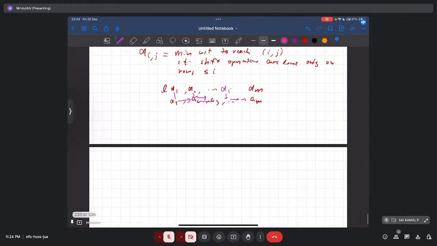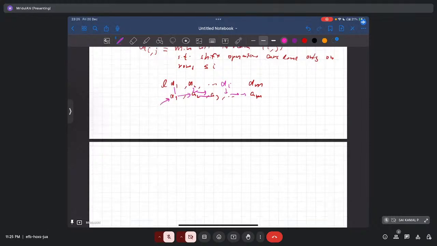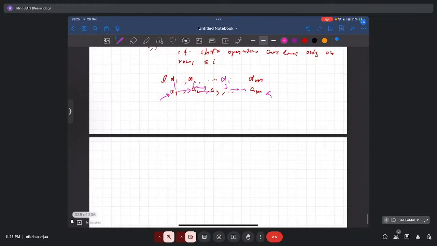So for that we will iterate from the first element to the last element from left to right. Let the new DP be defined as ND.